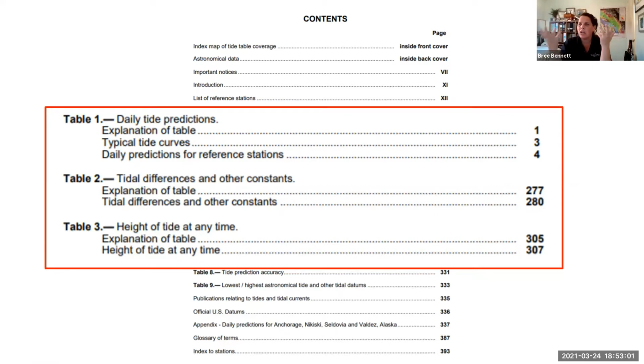But what if we want to know what the tide's going to be somewhere in between that, or how many feet somewhere in between? That's where we use table 3 to get any height of tide at any time. So the first table really just tells us the basic information, and then we use table 3 to fine tune what we're looking for. And again, we're going to dive into this.